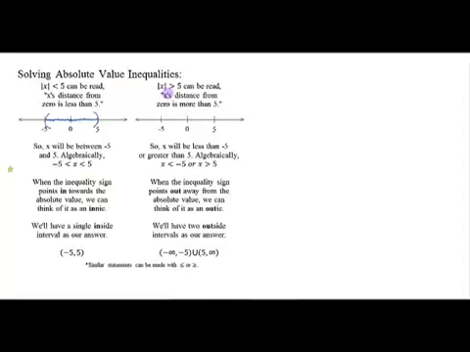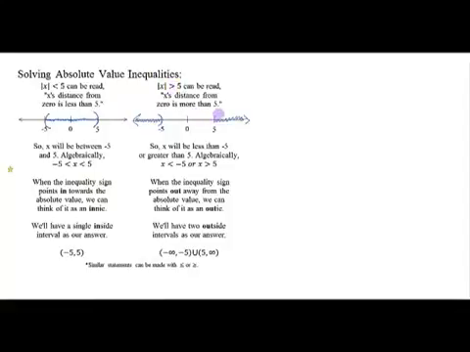Now we have another kind of absolute value inequality. Absolute value of x greater than 5 can be read x's distance from 0 is more than 5. So if you think about on the number line, what numbers are more than 5 away from 0? That would be numbers out here. It would also include numbers this way. These numbers still have a distance that is more than 5 away from 0.